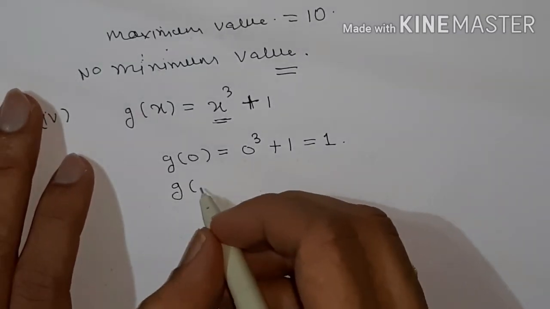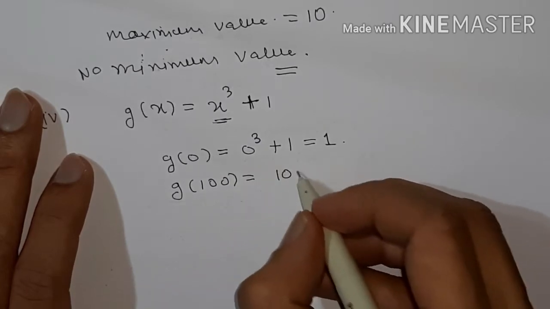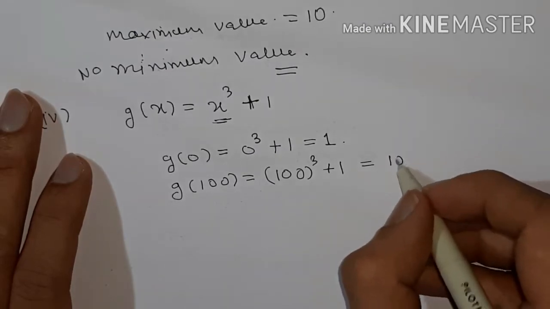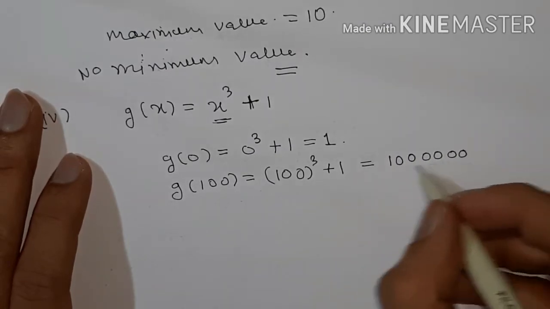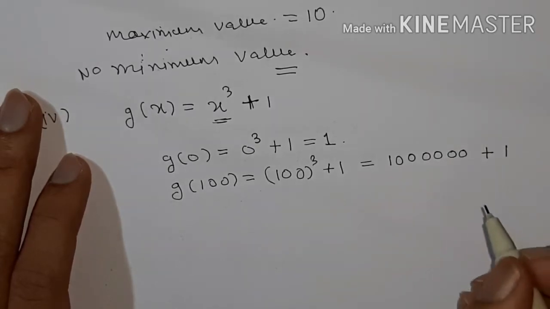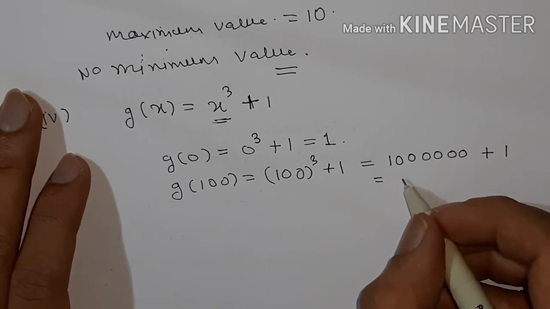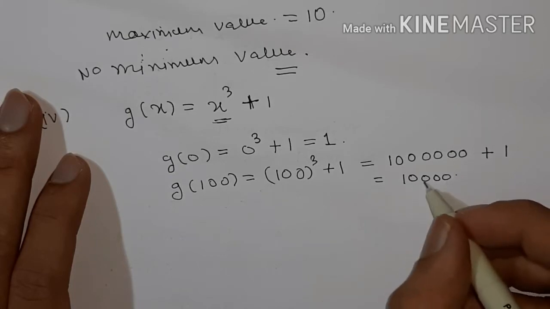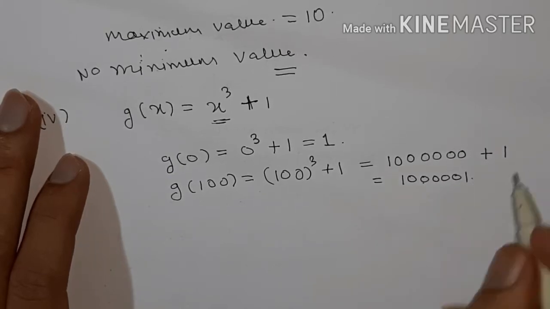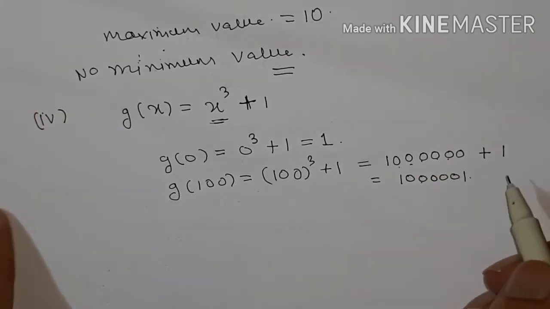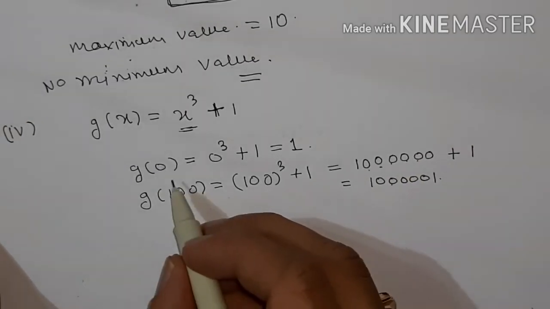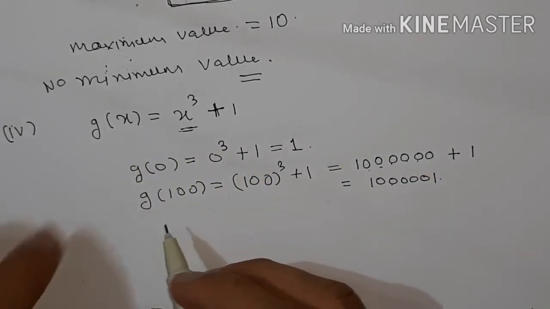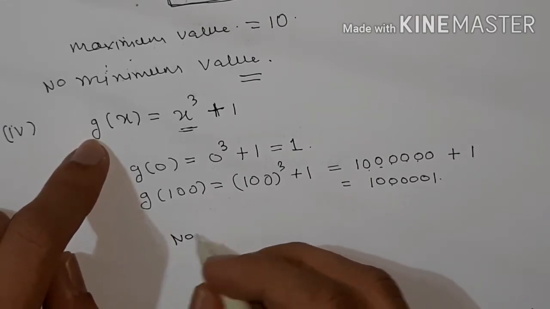Then if you take g of 100, what you will get? 100 cube plus 1, which is 10 lakh plus 1. So you see that if x keeps on increasing, then the value of the function also keeps on increasing. So this has no maximum value.